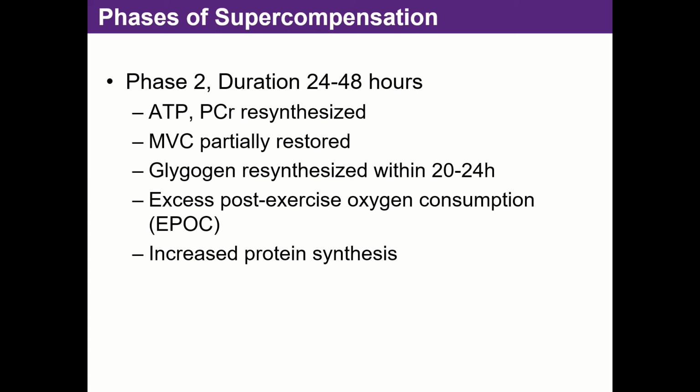And so what we're going to do then in those 24 to 48 hours is we're going to resynthesize or remake ATP. So after repeated muscle contractions, you're going to have a lot more free phosphates in the muscle cell and a lot of ADP, adenosine diphosphates, floating around the muscle cell. We got to rebuild those if we want the muscle cell to recover and to be able to contract just as strongly. So that's part of the equation. So we got to rebuild the ATPs.